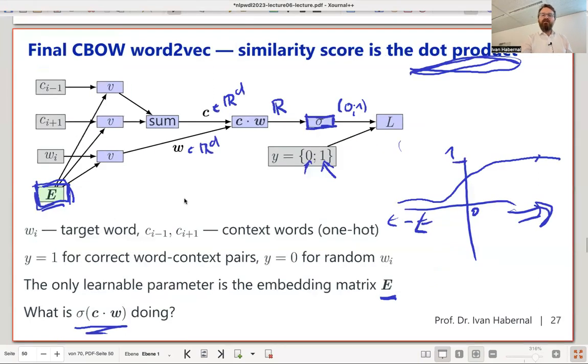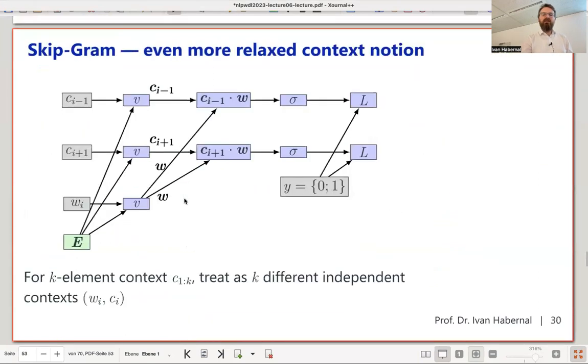They said also, maybe we can make the context even simpler, and do one more thing, which they call Skip-Gram. What is it doing? We have a previous word, we have the next word, and each of them is again projected through the embedding matrix. So this is the same thing, everything is in R^d.